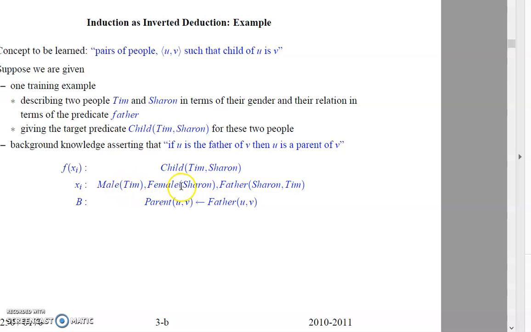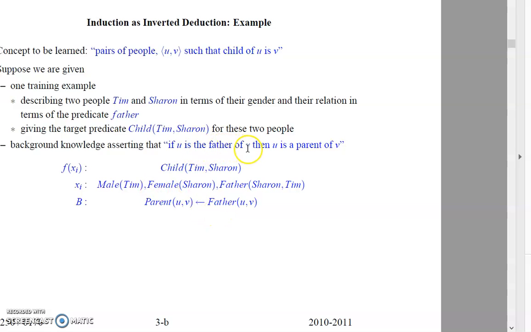Tim is male, Sharon is female. Then this is my training example xi. Tim is father of Sharon. Then the background information is parent of u comma v if father of u comma v. If u is father of v, then u is parent of v. This is the background information.